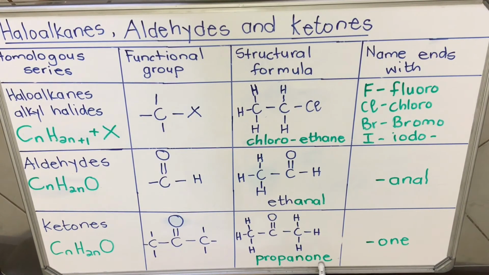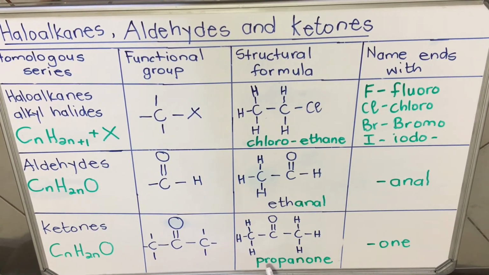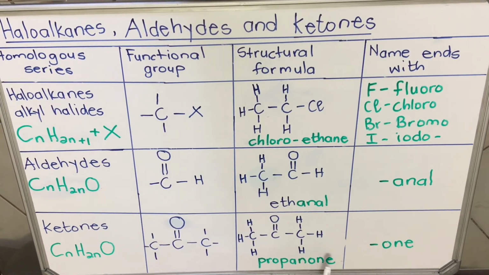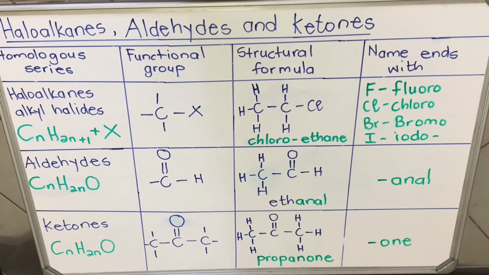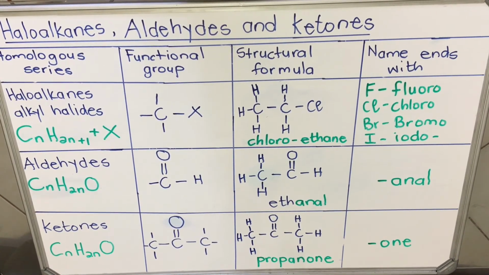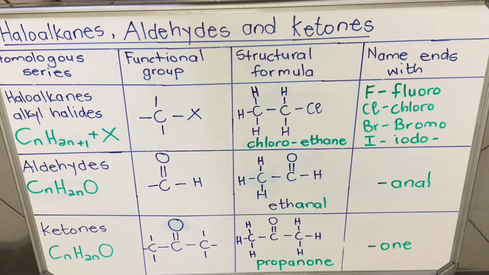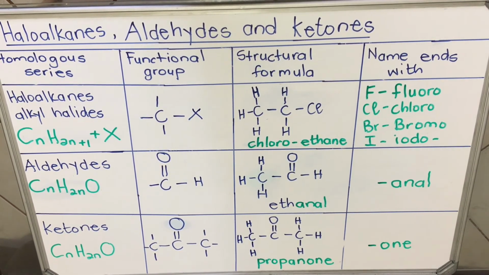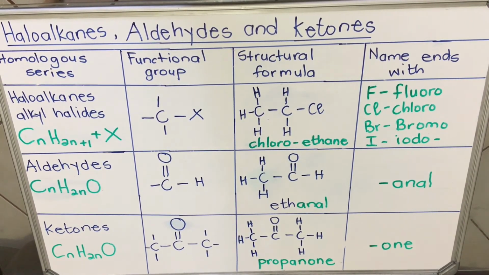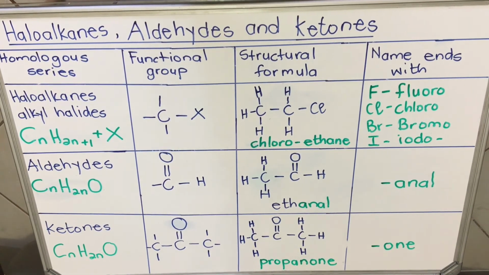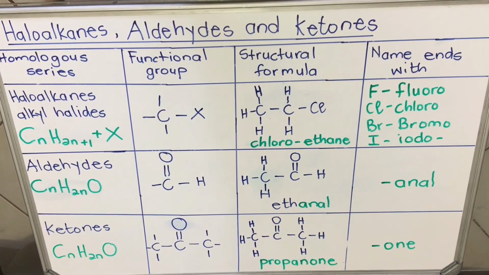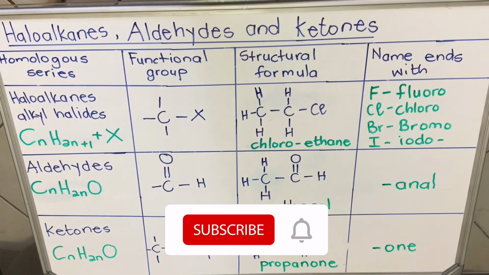The extra name that you put is ONE. So it's propanone. So when you look at the aldehyde and the ketone, it's the carbon that has bonded with oxygen. You have to look whether it has bonded to 2 other carbons or it has bonded to just 1 carbon. So that will make the difference.